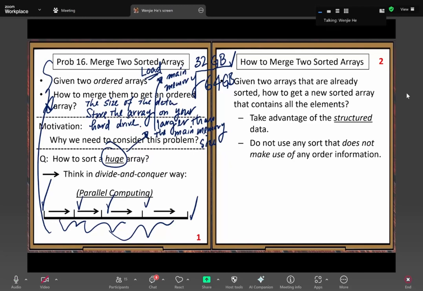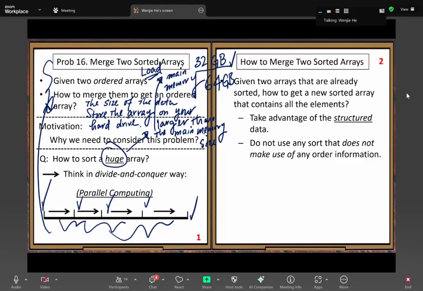So here we want to connect it to our old experience. We have learned three sorts. So let's make a connection to one of the three sorts. Which one can be used to help us understand the current problem?